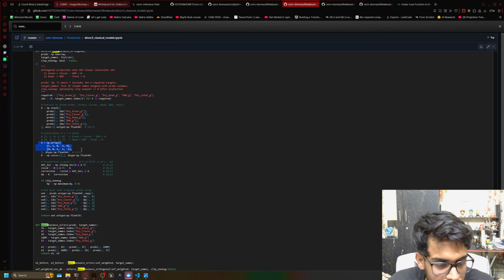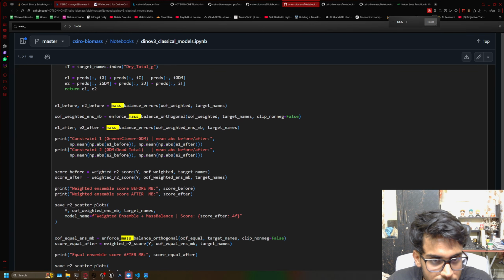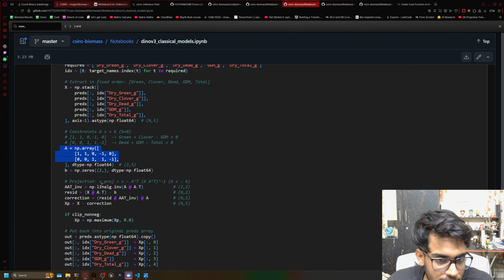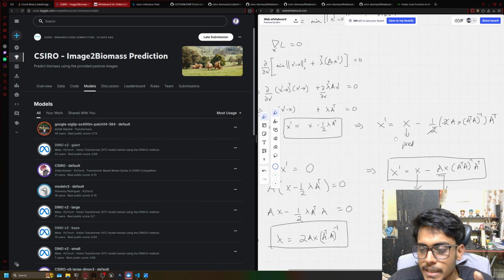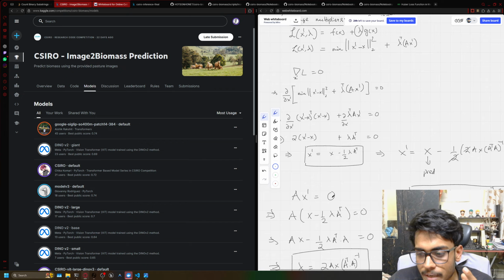So this is my constraint space. Then I found the matrix inverse, which is this a, you can see the equation here, which is a times a transpose. Then I was calculating some residual, but b is essentially 0 here. For this case my constraint was a times x prime equal to 0.